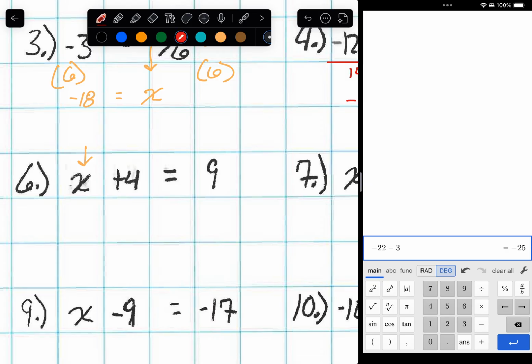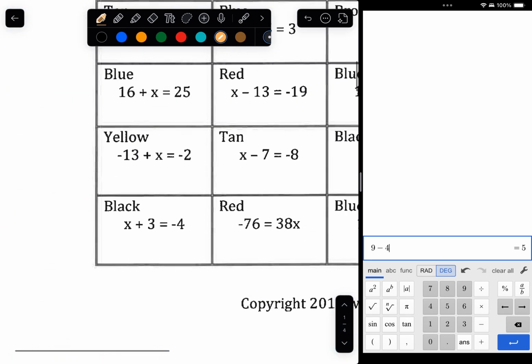Well, we are adding a 4. So do the opposite. Subtract a 4. Whatever you do to one side, do to the other. 9 minus 4 is 5. X equals 5.